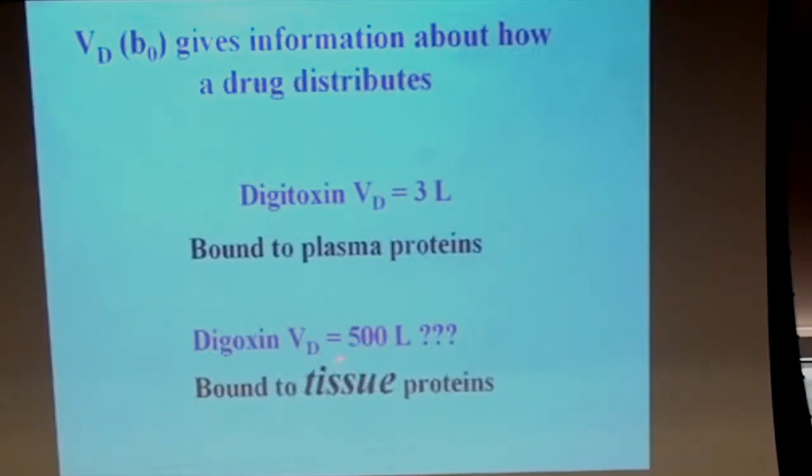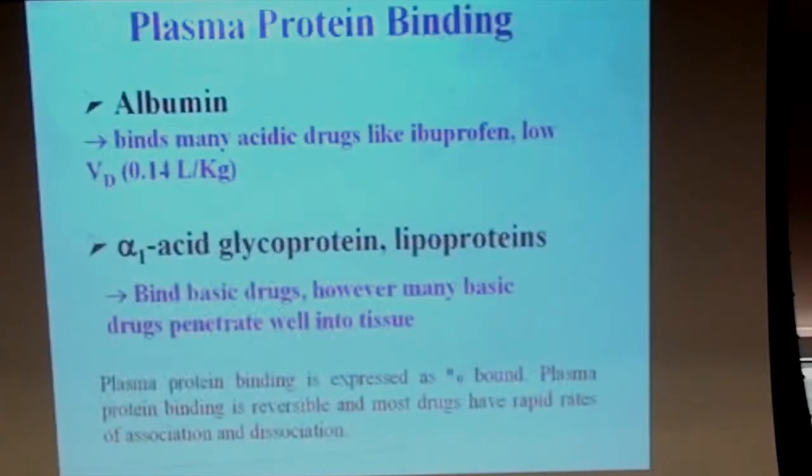This tells you this drug is not in plasma. This drug has left the circulation and it's all in tissue. And then if you want to know where the drug is, you would need to sacrifice the animal and analyze the tissues for the drug. But this volume of distribution gives you the first hint that this drug is going into tissue.